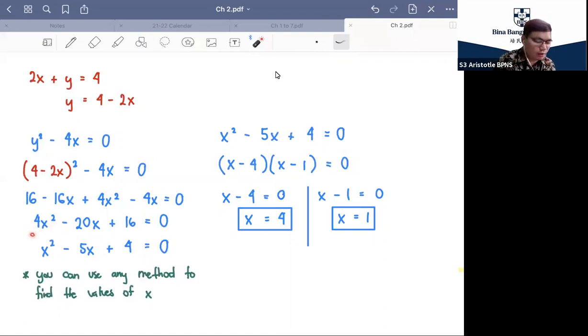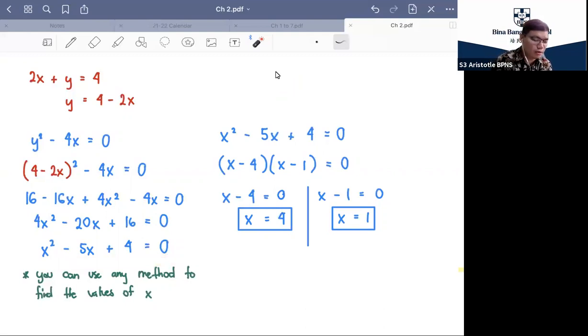In this one, it's possible because all of these numbers are divisible by 4. So that's what I did. And now we only have x squared minus 5x plus 4 equals 0. That's why it now looks much simpler, and it's easier to solve, of course, if you have smaller numbers.